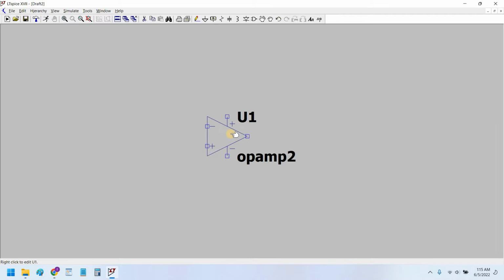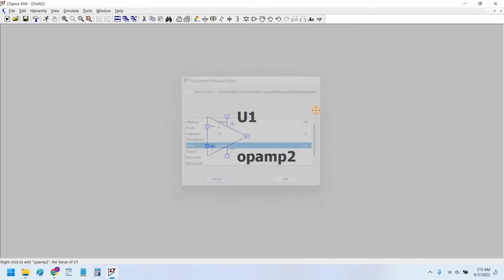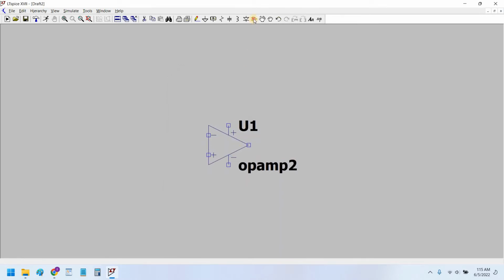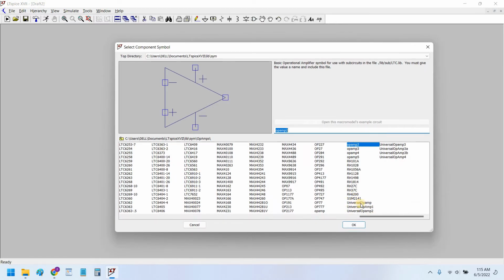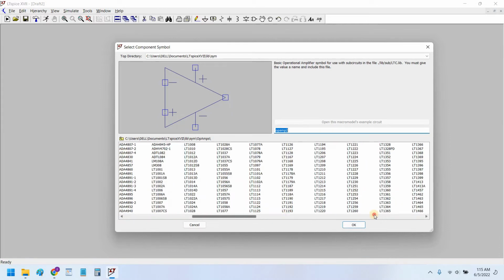Now we are going to choose an operational amplifier model. In our LT Spice library by default, there are various OPAMP models already available.